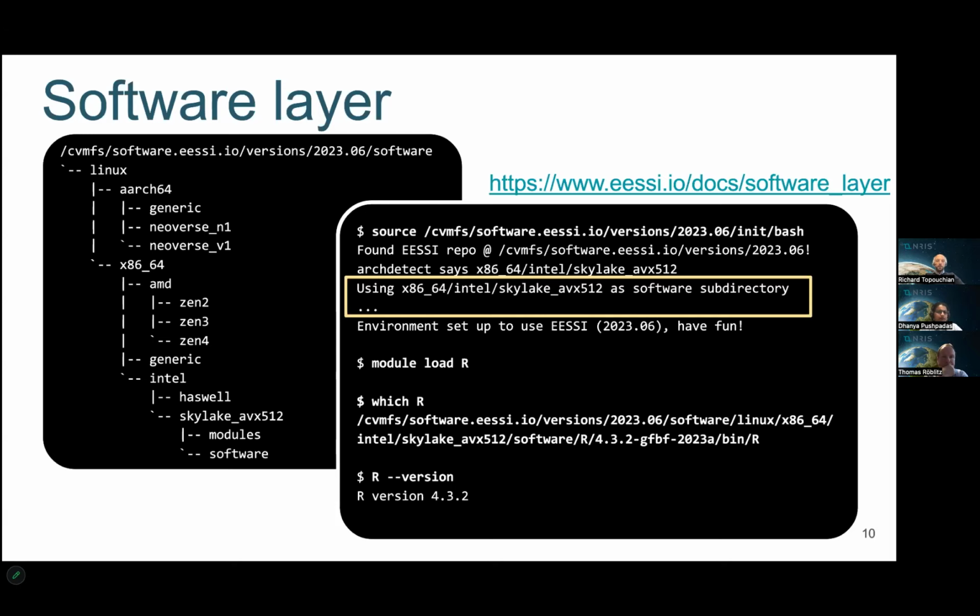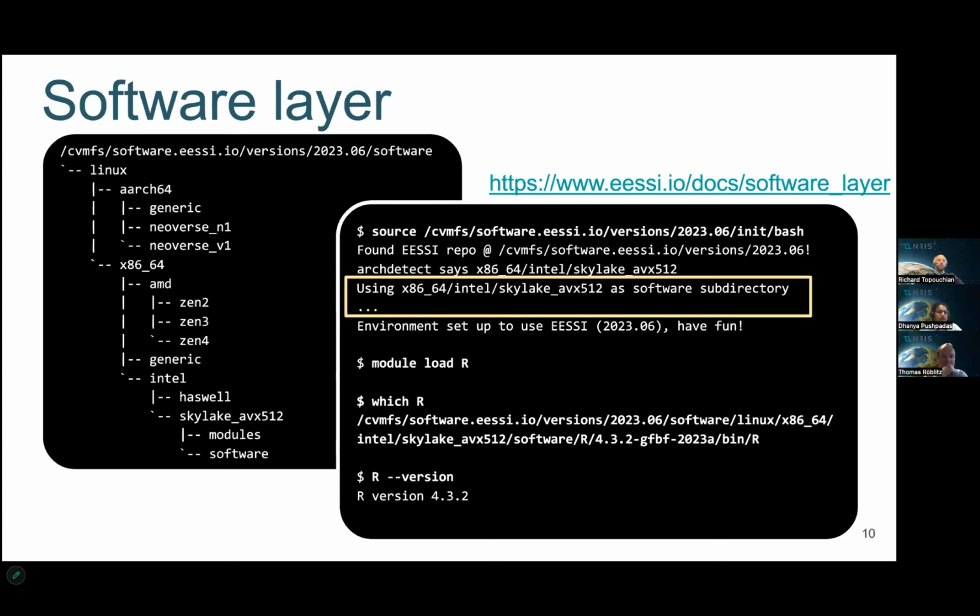As we can see in the slide, EESSI supports the x86 ISA and the ARM-based processors. So in x86, EESSI supports the Intel Haswell and Skylake. Also in the AMD division, there are Zen 2, Zen 3, and Zen 4.